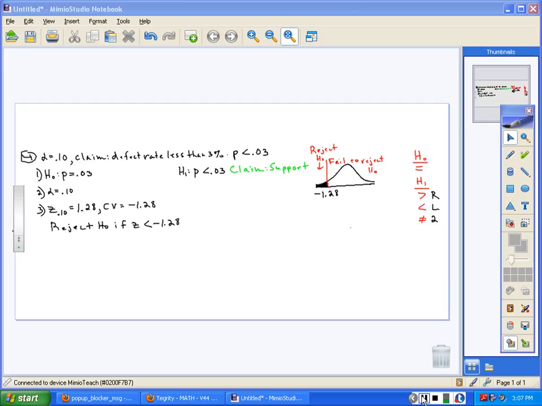Step 4 is the test statistic. Z is equal to P hat minus P over square root P times Q over N. And now and only now do we need the sample information.